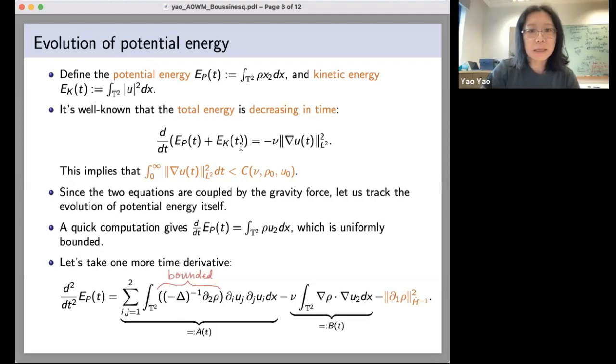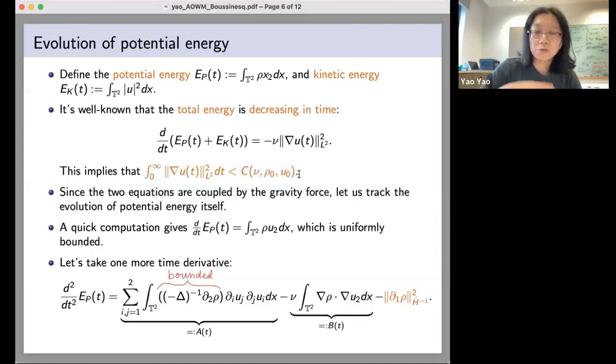Because the total energy is decreasing and it is bounded below, since both the potential energy and kinetic energy have a very clear lower bound, it means that, as long as the viscosity coefficient is bigger than zero, if we integrate this gradient u squared for all time from 0 to infinity, this integral is going to be finite. So that is going to be an important fact that we are going to use in the proof.